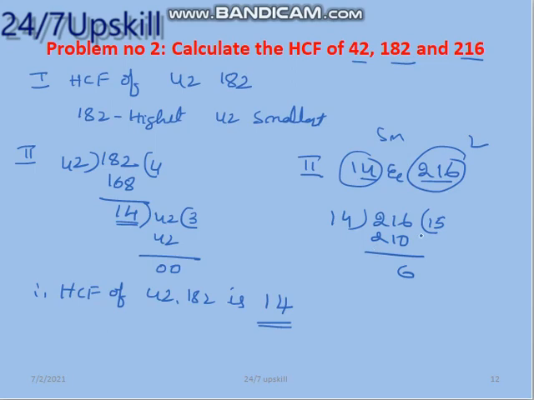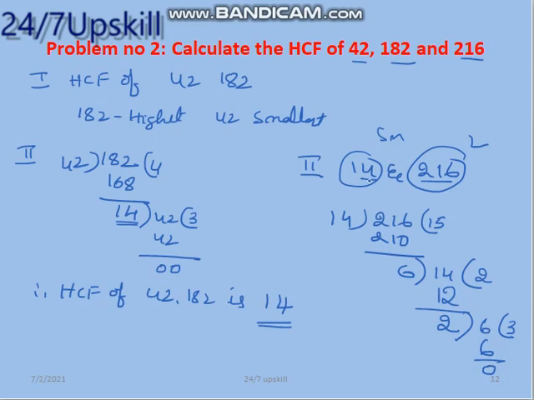So now the divisor is 14, and this 14 should be divided by the remainder 6. 6 2s are 12. Again the remainder will be 2. We have not got the 0, so let us continue again. From this remainder, we need to calculate with the divisor, so the divisor is 6 here. 2 3s are 6. So the remainder comes to 0.